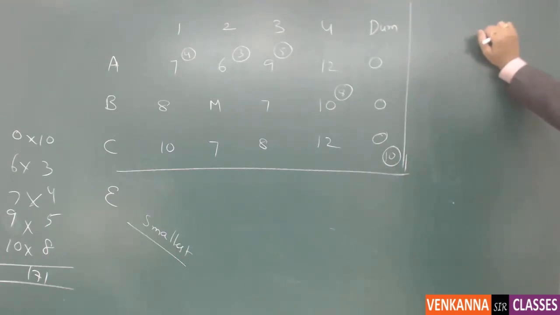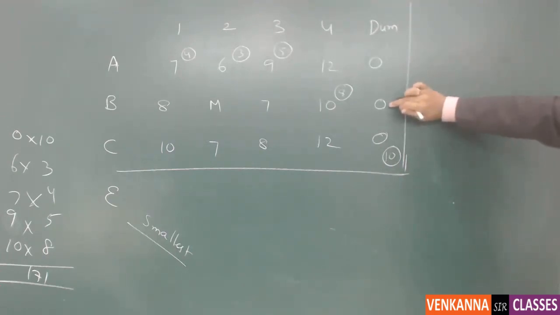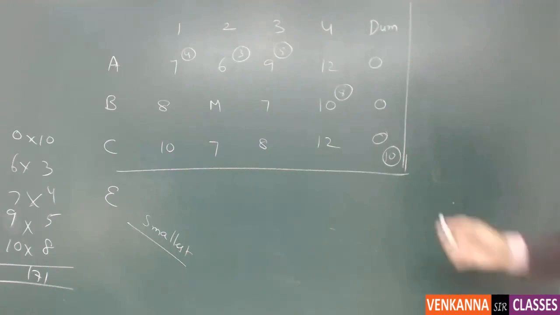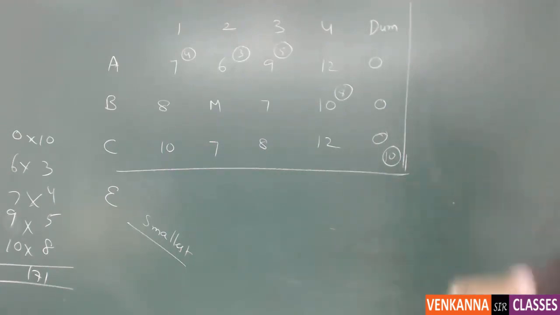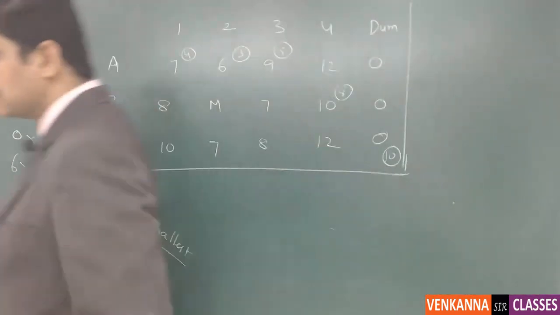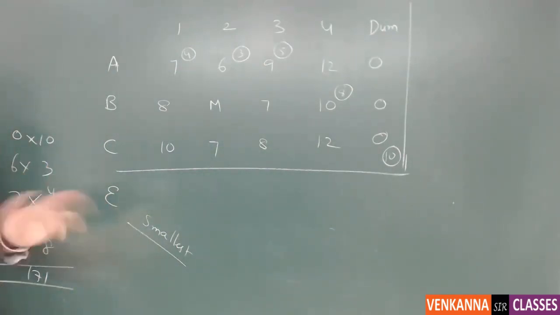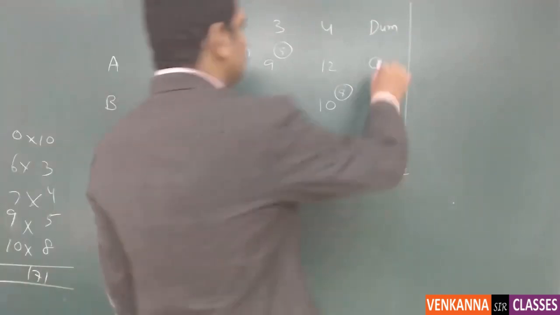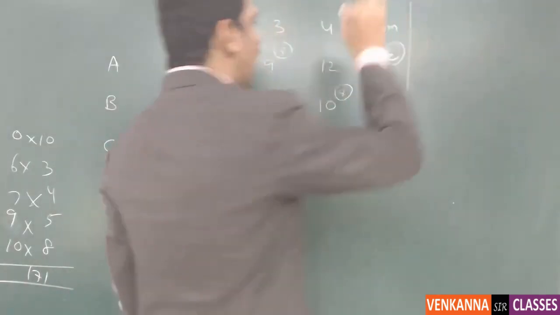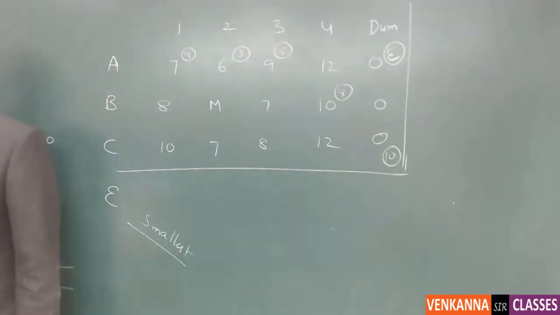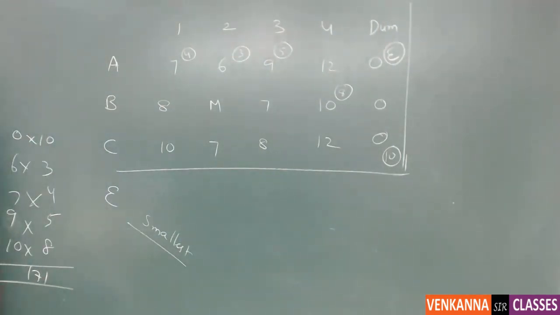So what happens? You can fix epsilon here or here so that a closed loop will not get formed. Am I correct? Right. So by arbitrary case, I will take epsilon at this position. I will allocate epsilon here. I think you accept for this thing. Yes or no?